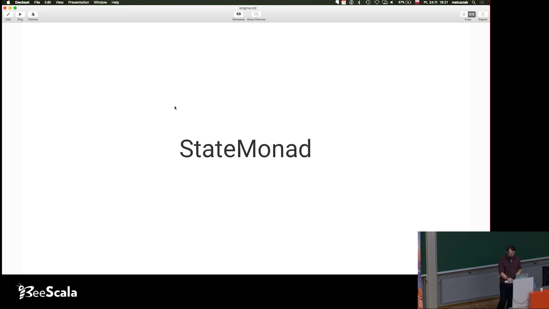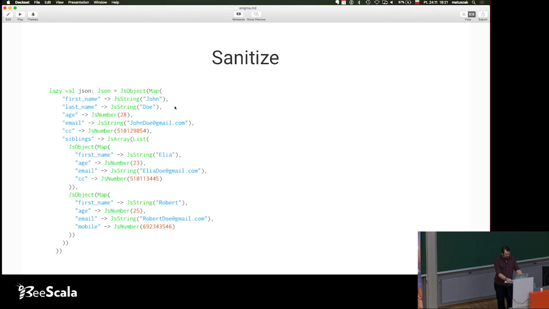And some final remarks. To make it safer, you should use a state monad. It also applies to lenses. I know that these were artificial examples. So, for example, I'm using lenses quite often when I have any nested structure and I have to do something with it. I'm using Monocle.